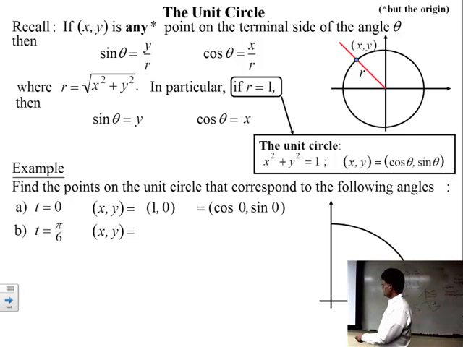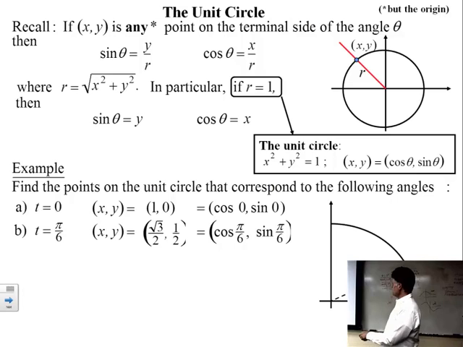Okay. t is pi over 6. That's there, and that's a special angle. So this is 30 degrees. And so x and y are the cosine of pi over 6 and the sine of pi over 6. That's root 3 over 2, 1/2. So just reading off of there. So that's that point.